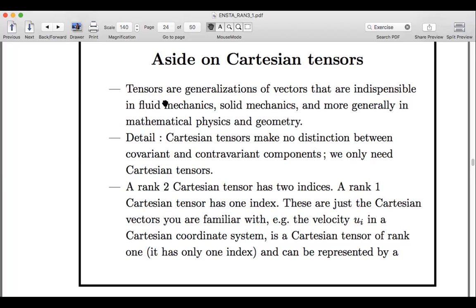So tensors are simply generalizations of vectors. They're indispensable in fluid mechanics, but you also use them in solid mechanics whenever you talk about stresses inside a beam, for instance. They're used very generally in physics and in geometry. Maybe the most familiar for you would be the moment of inertia tensor.